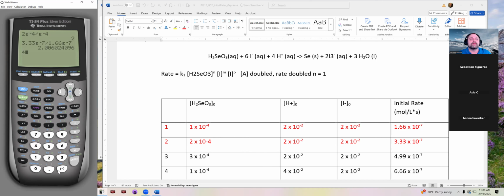But if I had done the 4.99 and divided by the 1.66, I should get that that's 3 times as much. And it's close enough to the 3. So n is equal to 1. Whatever change we make to this concentration, it makes that same change to our rate.